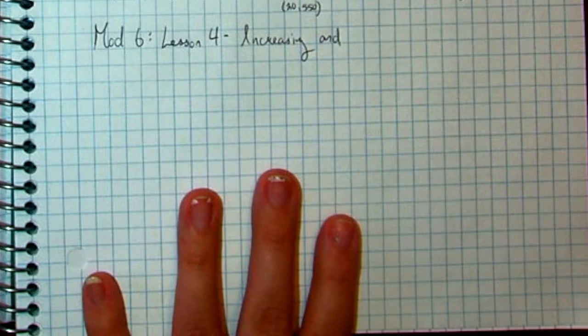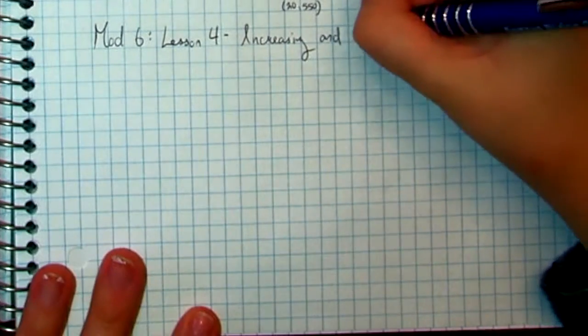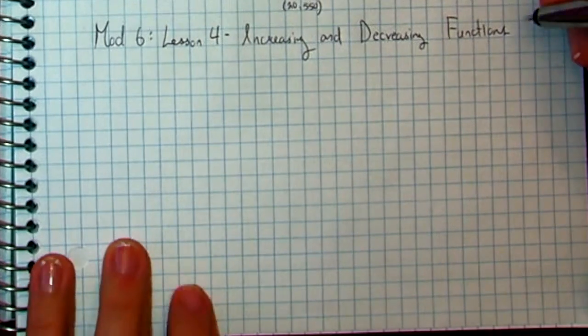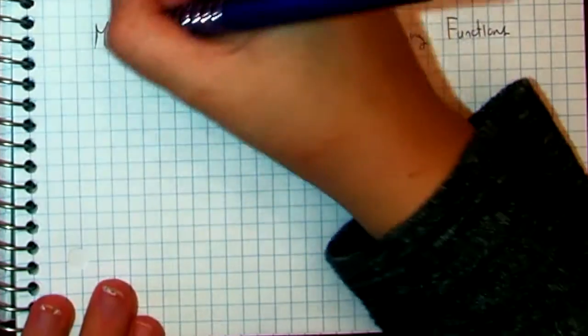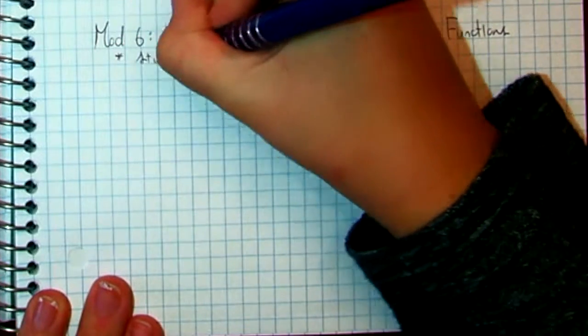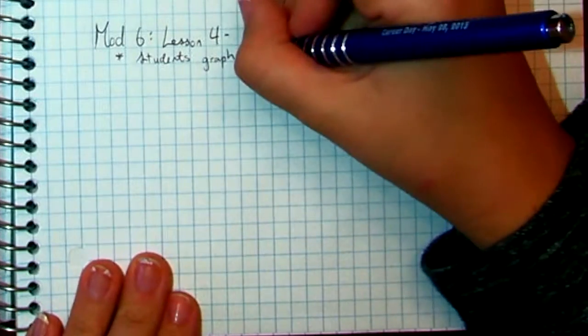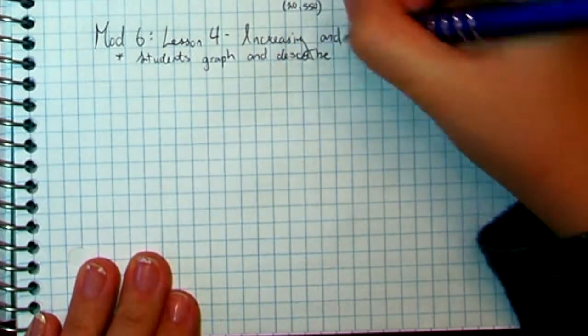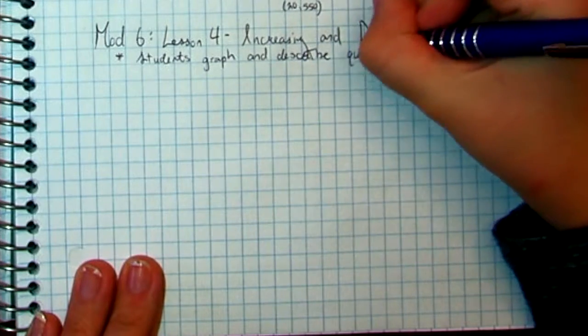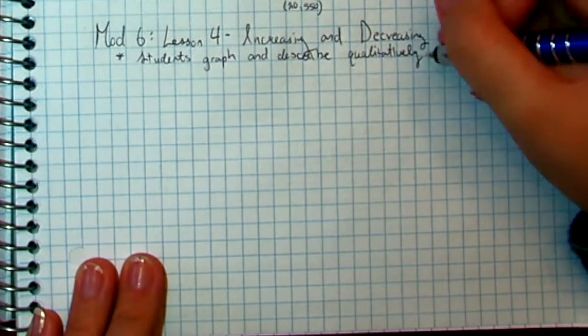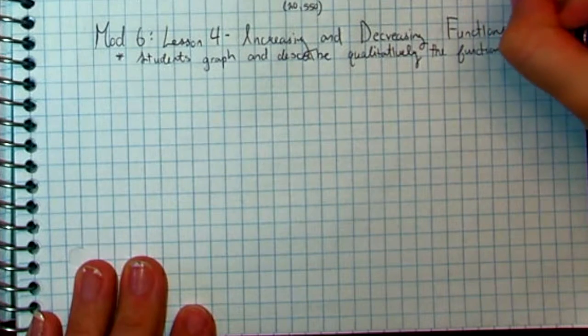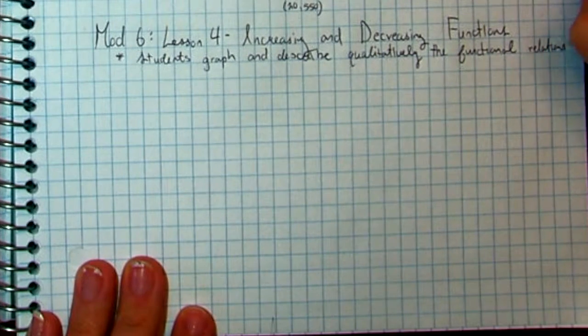Moving into lesson 4, increasing and decreasing. We just want to look at 3 quick statements in terms of examining functions. So by doing this, students are going to graph and describe qualitatively the functional relationships.